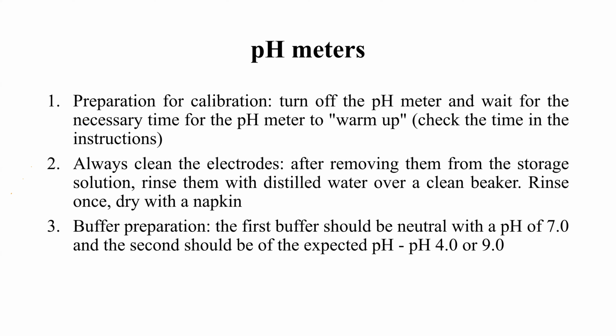When we calibrate the pH meter, we switch it on and wait some time for warming up the electrodes. After using, we clean the electrodes. First, the buffer should be neutral.